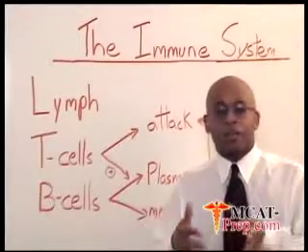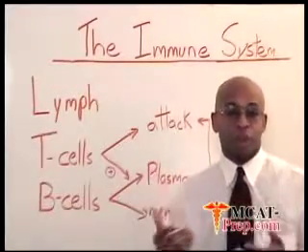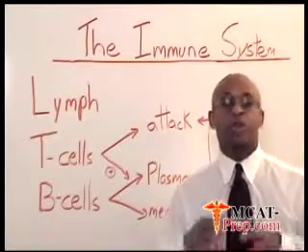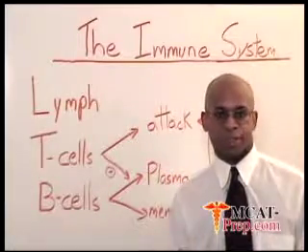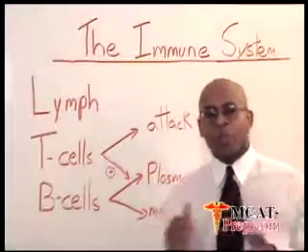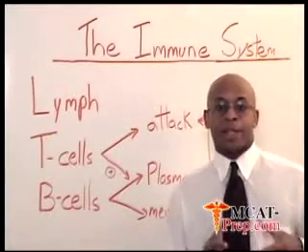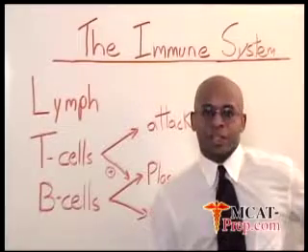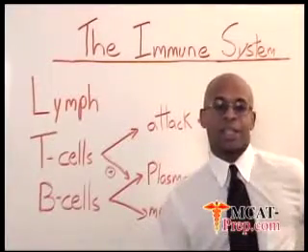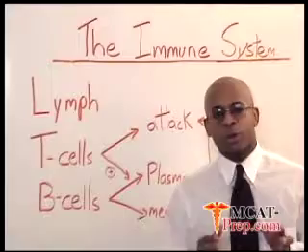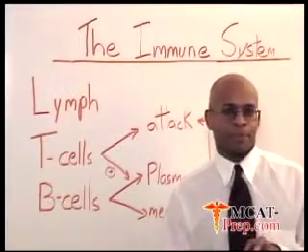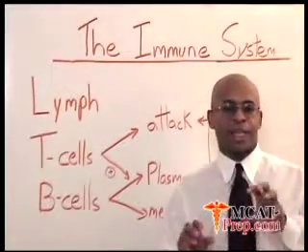And then eventually this lymphatic fluid will return to the cardiovascular system. There are other parts of the lymphatic system, including the spleen. The spleen is an organ found on the left side under the ribs, and it has two parts, a white pulp and a red pulp.